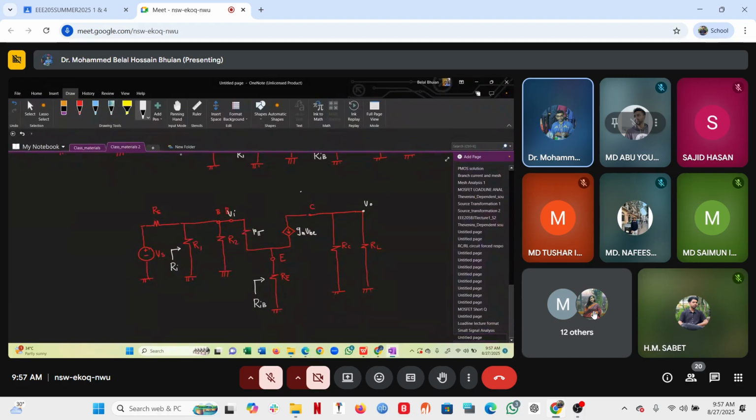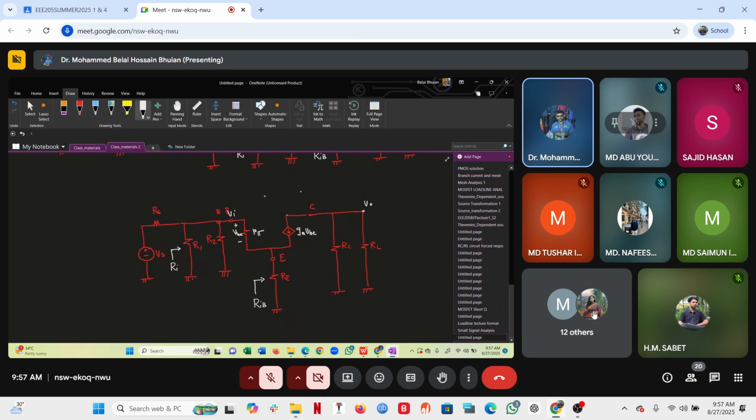And that is our VBE plus minus. So now this is the circuit on which we are going to work.